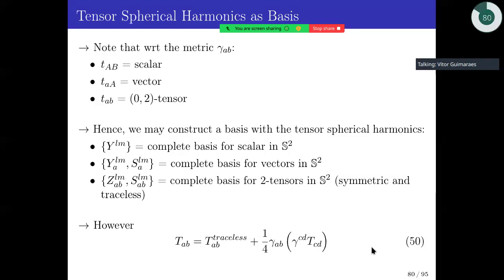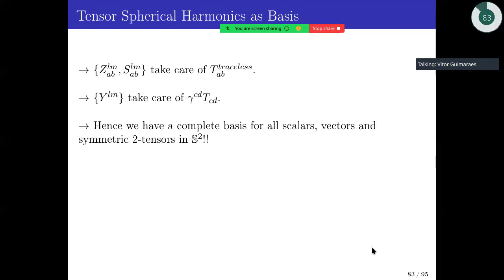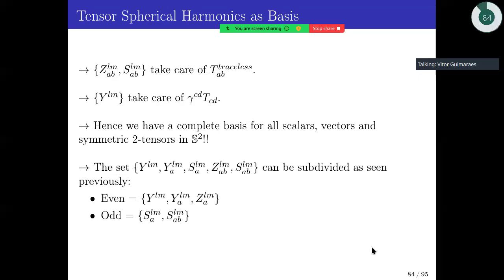And we saw that the scalar, vector, and 0-2 symmetric and traceless spherical harmonics form a complete basis for any scalars, vectors, and symmetric two-tensors on the two-sphere.